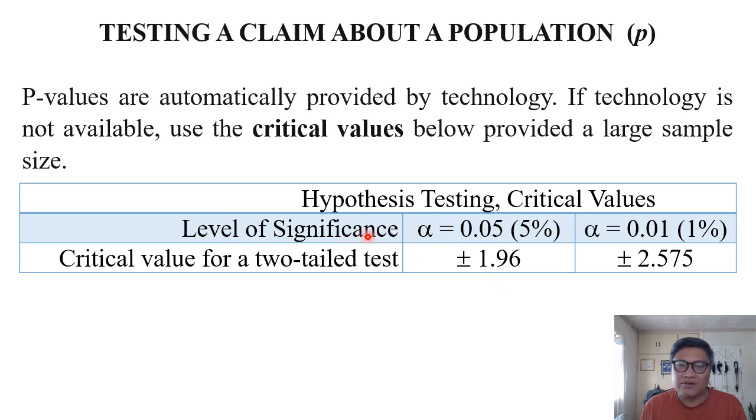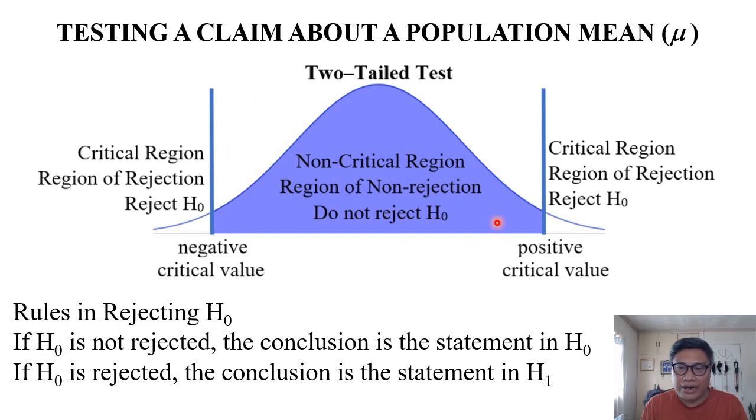If you want the level of significance alpha to be 5%, then use the positive and negative 1.96. If you want the 1% level of significance, we have to use the positive and negative 2.575. So this will tell us, class, whether or not we have to reject or fail to reject, or do not reject, the null hypothesis. And of course, we always have our graph so that we can easily identify whether or not we reject the null hypothesis.